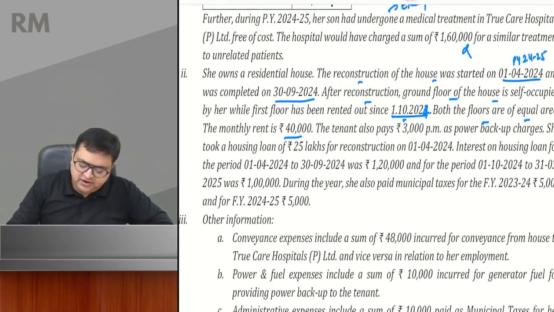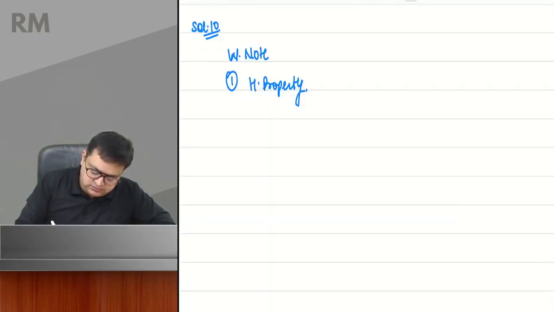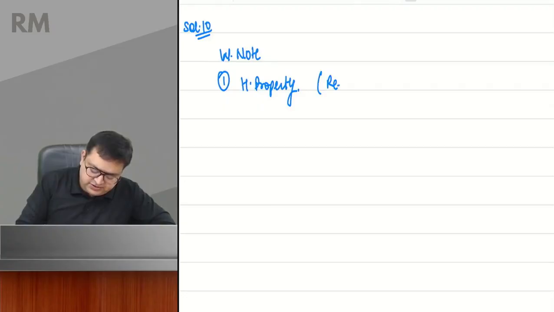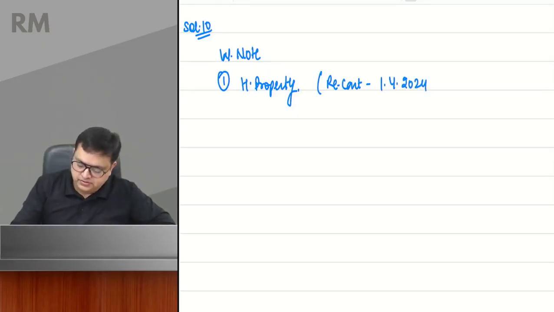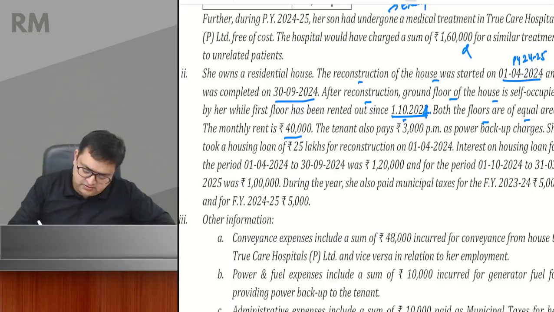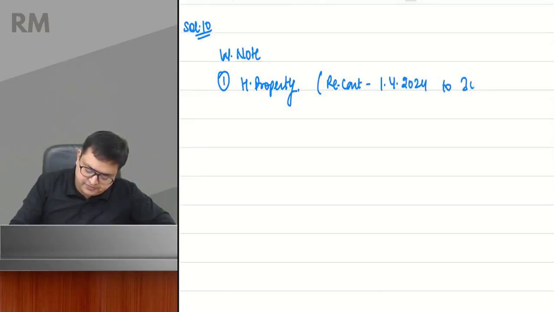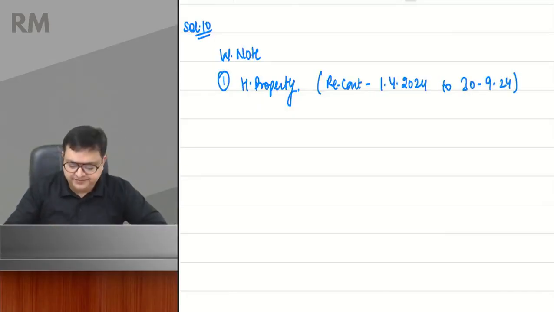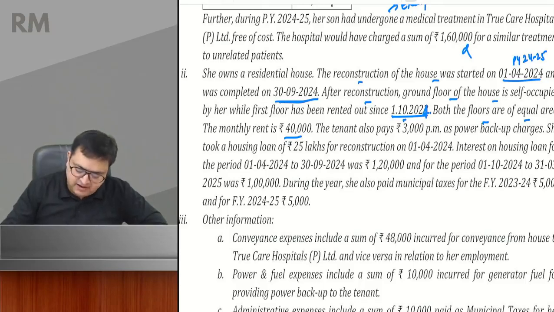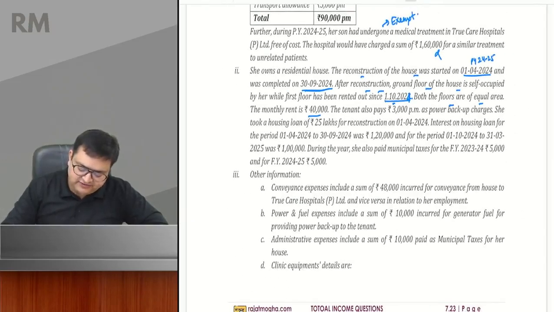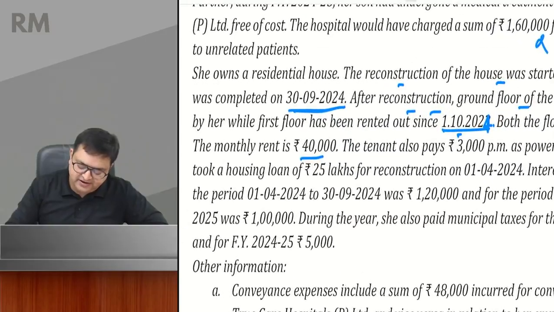The reconstruction started on 1st April 2024 and was completed on 30th September 2024. Six months was the reconstruction period. After reconstruction, the ground floor is self-occupied while the first floor has been let out.